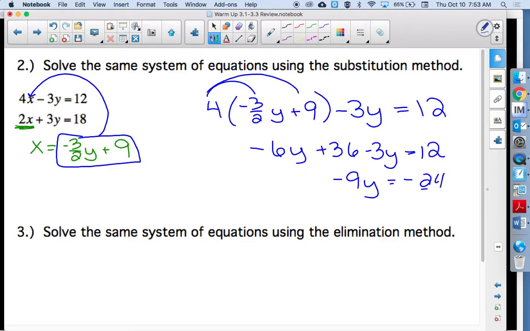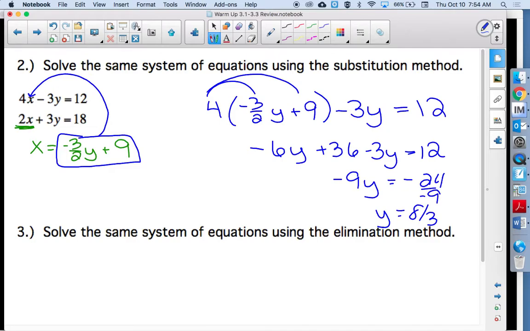And when we divide by 9, you end up getting 8/3. So you still get that 8/3, which we found with the calculator. We also had 8/3, or 2.6 repeating.